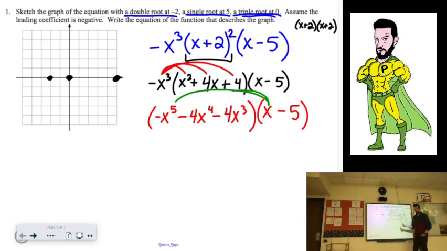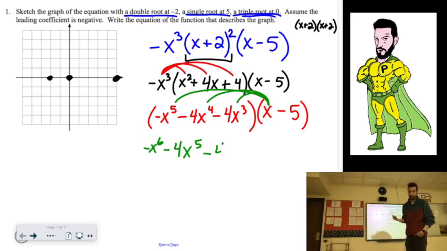It's going to bump up the exponents by 1. So we'll have negative x to the 6th minus 4x to the 5th minus 4x to the 4th. And then we're going to have to multiply all those terms by negative 5, and then we'll combine our like terms.